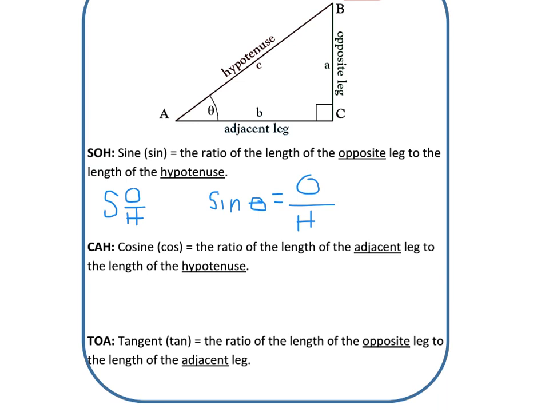Next we have CA, which is the cosine, equals the ratio of the length of the adjacent leg over the hypotenuse. So cosine of theta, the trig ratios always get to have the angle next to it. Cosine of theta is equal to the adjacent leg over the hypotenuse.